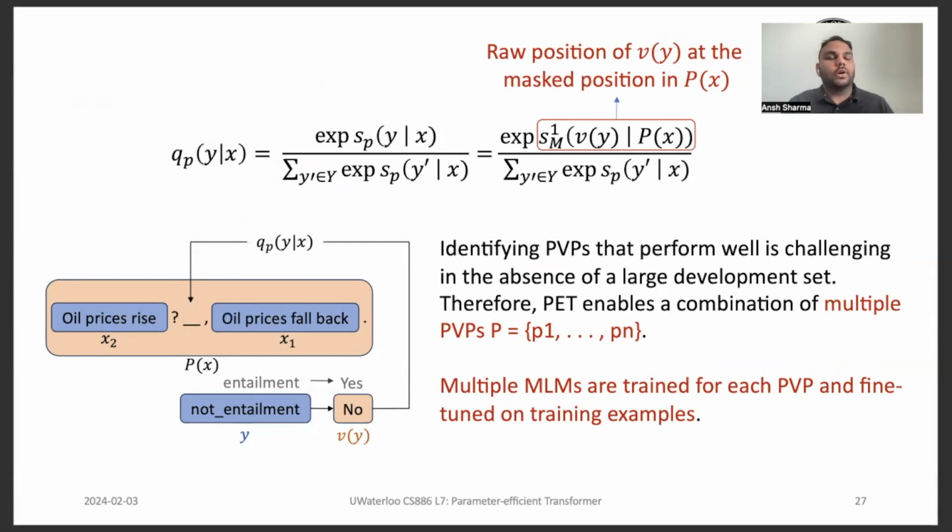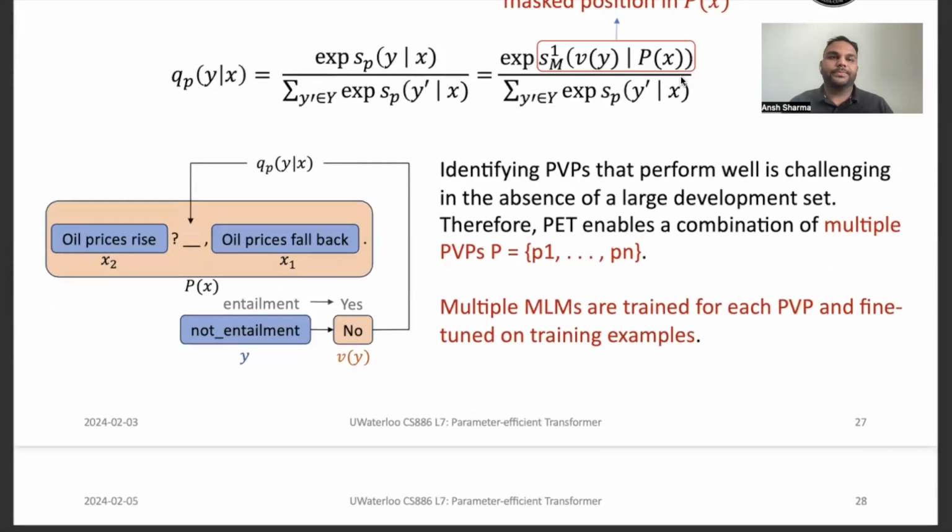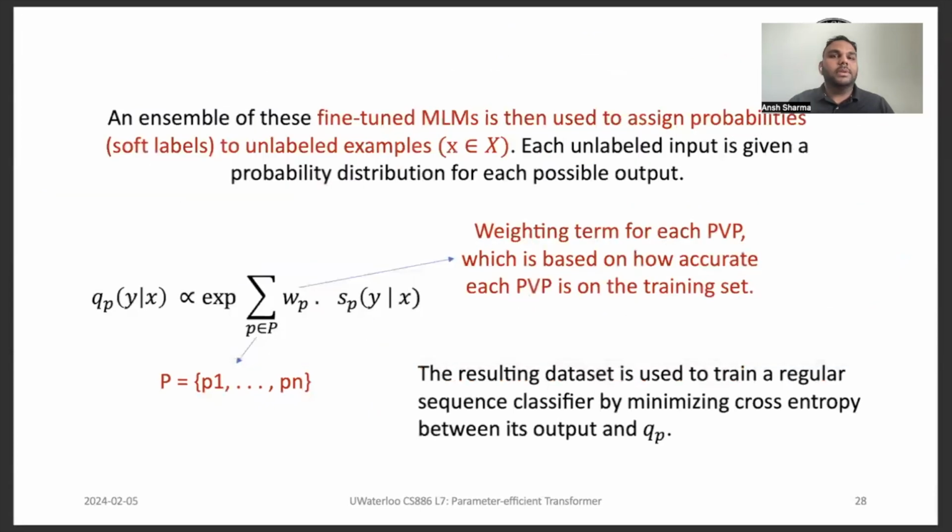As we are using few-shot learning, that is, a small number of examples to fine-tune the model, we need multiple PVPs, and a combination of these is used to determine the output. These PVPs are used to assign final probabilities to the unlabeled examples, resulting in a probability distribution of each unlabeled input to a possible output.